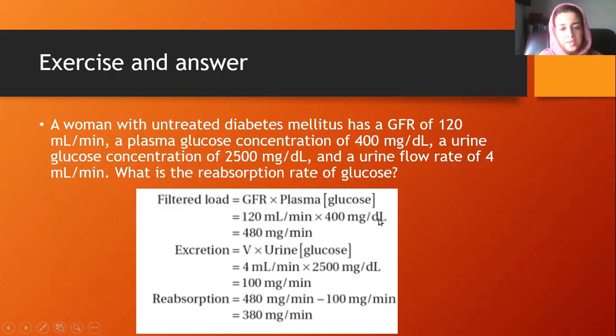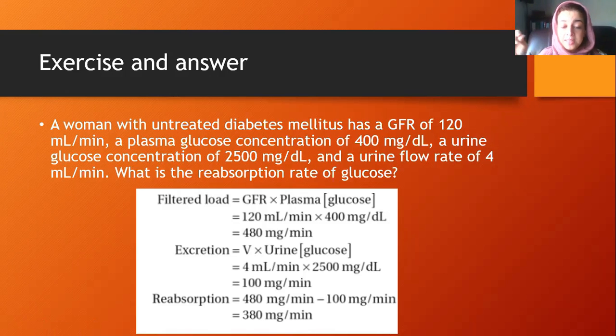120 multiplied by 400, we get 480 milligram per minute, which means that 480 milligram of glucose is being filtered per minute. How did we get this? Simply by multiplying the GFR with the plasma glucose concentration. Now we come to excretion rate. Like I said before, we multiply the flow or the rate with the concentration.